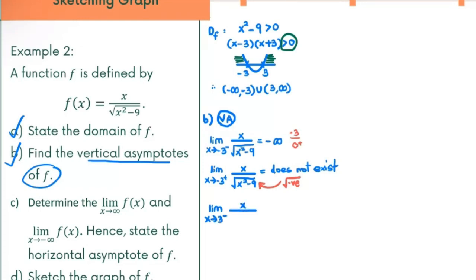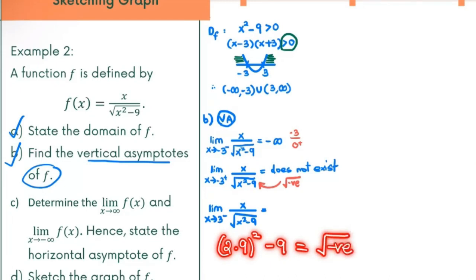So untuk case 3 from the left, dia adalah case yang sama dengan negative 3 positif ni. Sebab apa? 3 from the left kita akan gantikan pula 2.9. Kan? So 2.9 bila squared minuskan 9 sama juga kita akan dapat square root of negative value. So that means our limit here will be does not exist.